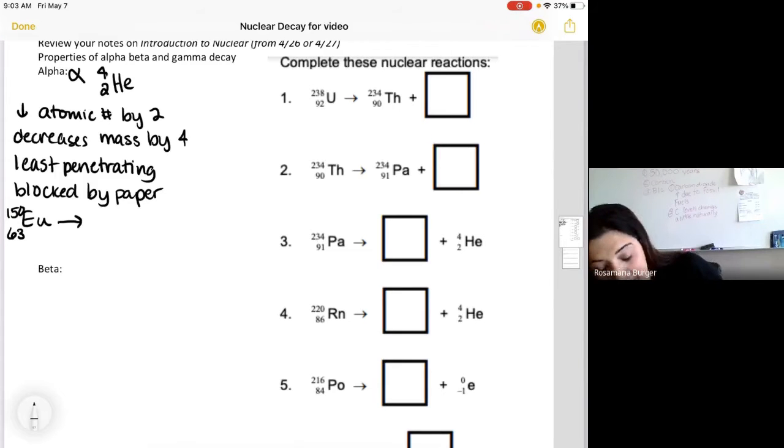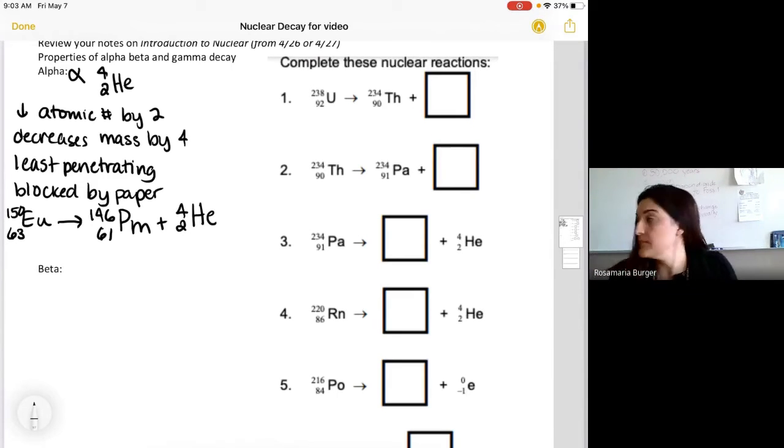Its mass is going to decrease by 4, so it's going to be 146. My atomic number is going to decrease by 2, so it becomes 61. I have to look at my periodic table to figure out what's at 61, and it's promethium, Pm. And now I need to show my alpha particle, 4 2 He.